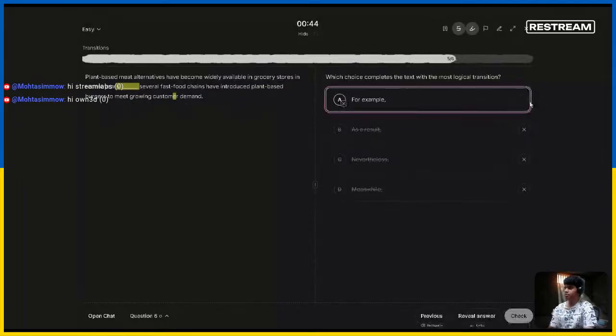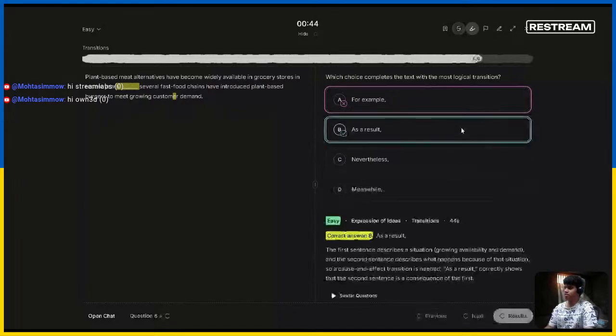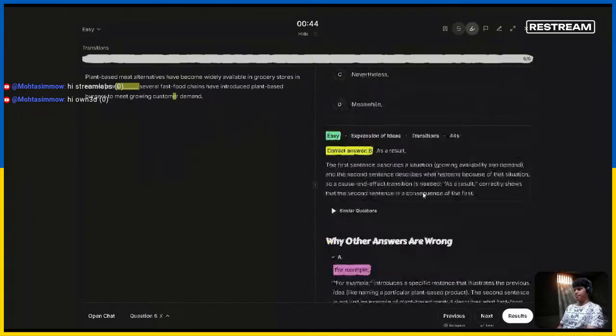Could be for example, yeah. It can't be meanwhile or nevertheless, it's a contrast. So as a result. The first sentence described the situation, growing availability and demand. And the second sentence describes what happens because of that situation, so cause and effect.